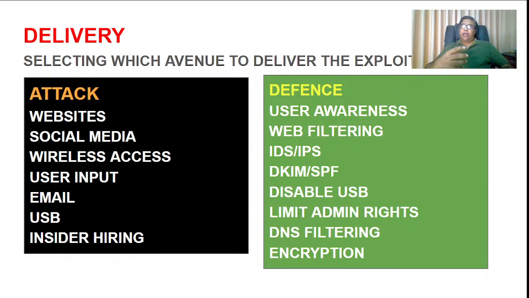So your attack can come from your website, that means through the cloud or through social media, wireless, user inputs. User inputs are very important aspects of hacking. Email, USB. You might hire a disgruntled employee and an insider.